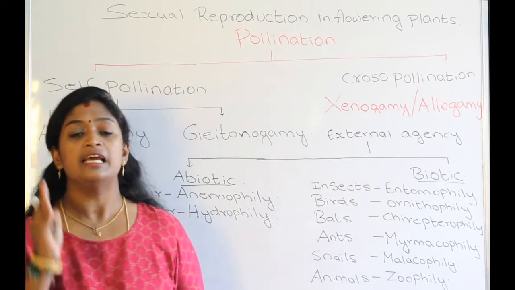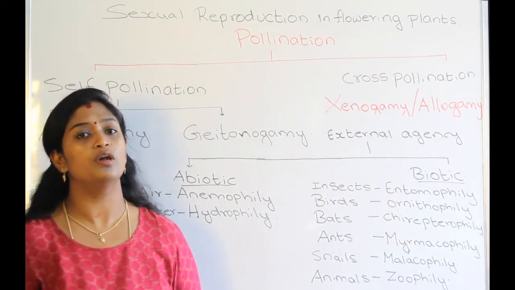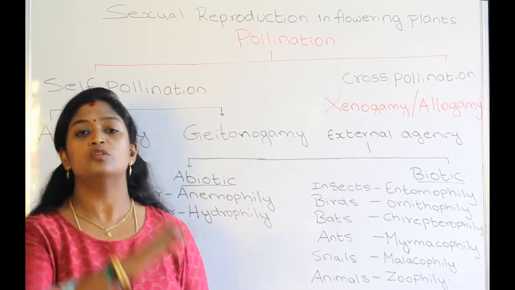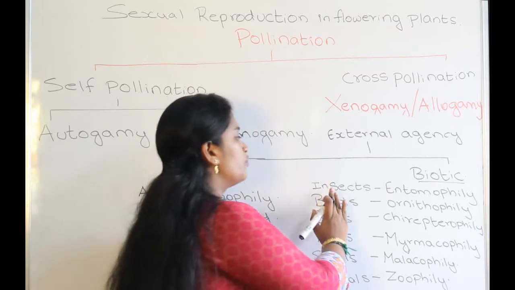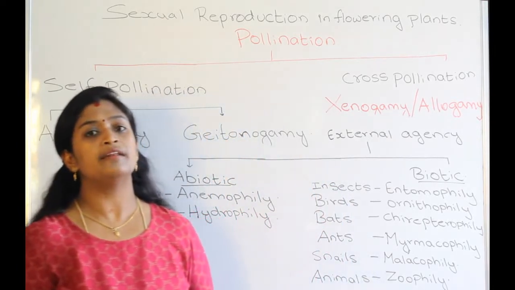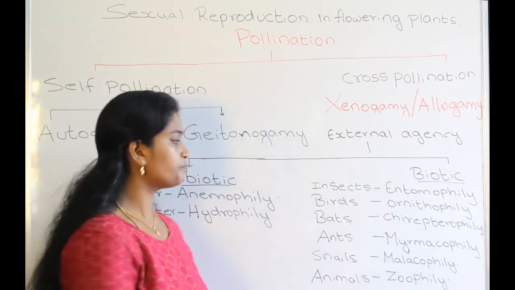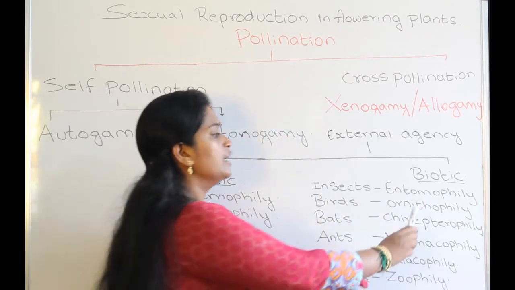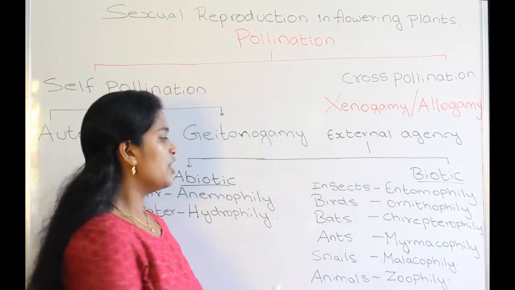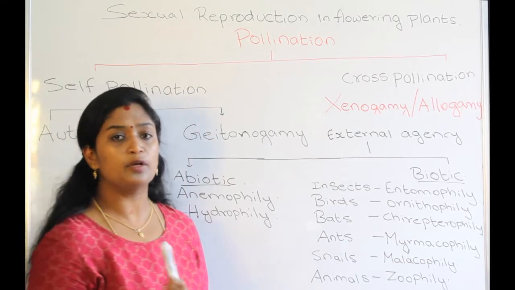Next is the biotic agency. Biotic agency is a living agency which helps in the transfer of the pollen grain from one flower to the stigma of another flower on another plant. If insects play a role in transfer of pollen grain, it is called entomophily. If birds play an important role, it is called ornithophily. If bats, chiropterophily.